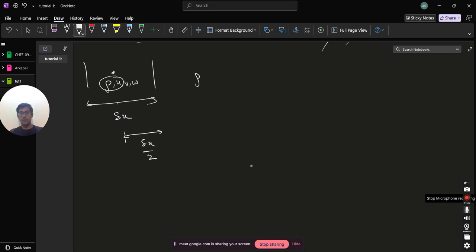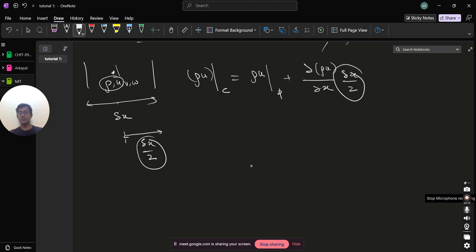So, rho u at phase E is nothing but rho u at the center. So, let's call it P. At P plus dou rho u dou x times delta x by 2. Here the separation is delta x by 2, right? So that's why we multiply with delta x by 2.